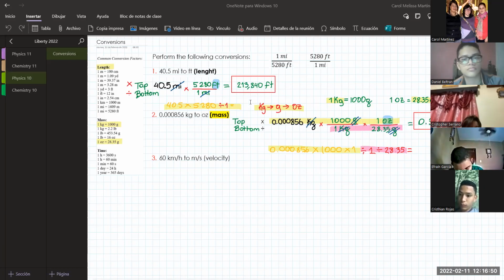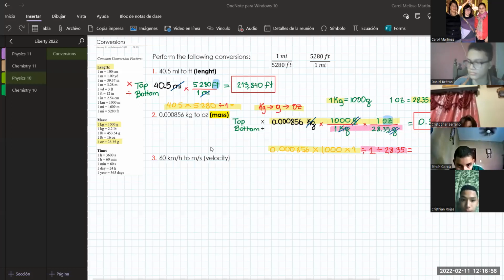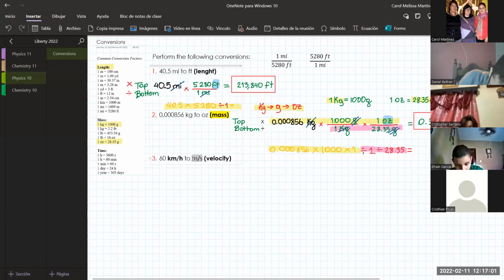Now, take a look at the third example. It is a little bit more complex because if you take a look, these units are combined. So when this occurs, we're talking about units that are combined, or what we know as compound units.